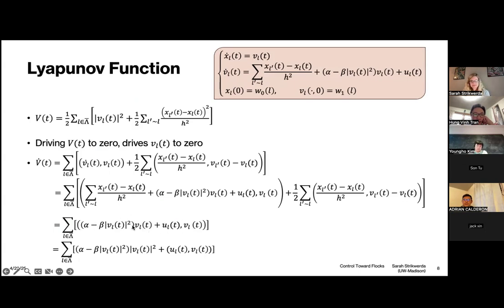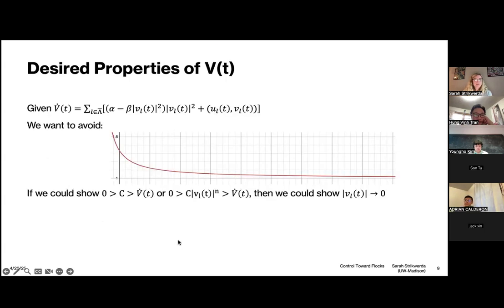With these terms, we can just rewrite this so that we have the norm of VL squared, and then we have this ULVL. So now we can see that if we choose UL properly, we should be able to drive this towards zero. But we do want to make sure that we're not just driving the time derivative towards zero, because we don't want the case where the velocity goes towards zero, but the function actually doesn't go towards zero.